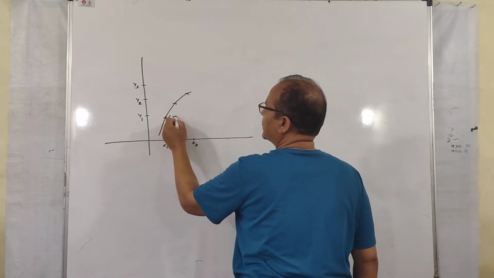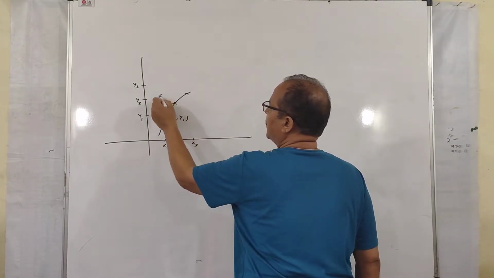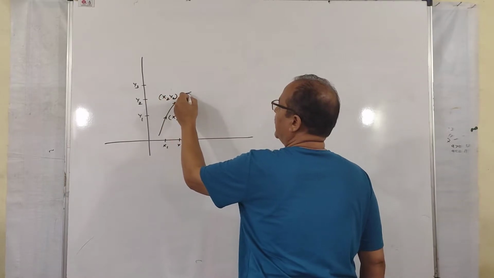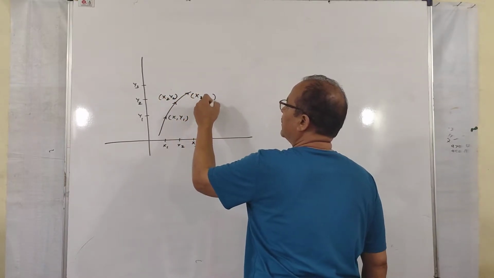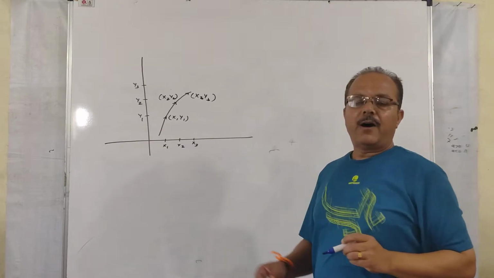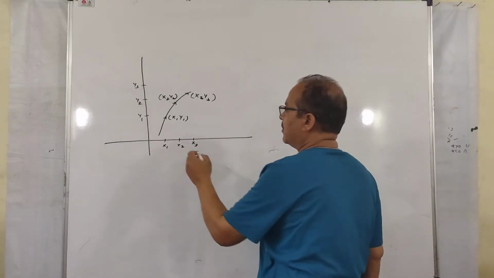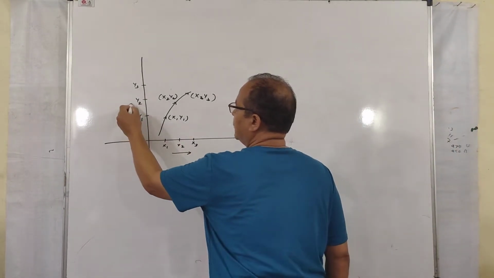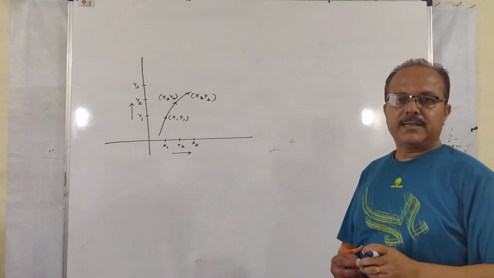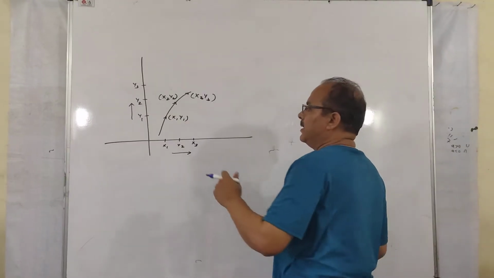At this point it is x1 y1, at this point it is x2 y2, and at this point it is x3 y3. So on increasing x, the value of y is also increasing. X बढ़ रहा है तो y भी बढ़ रहा है. When x is increasing, y is also increasing.